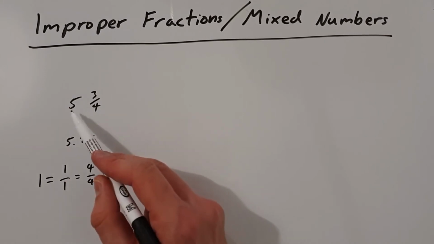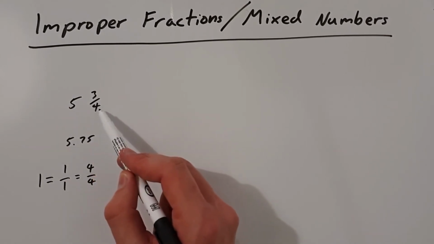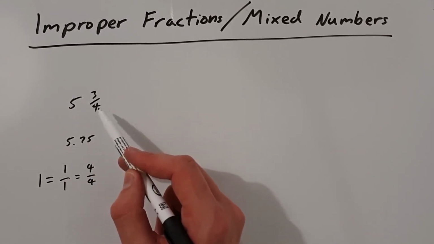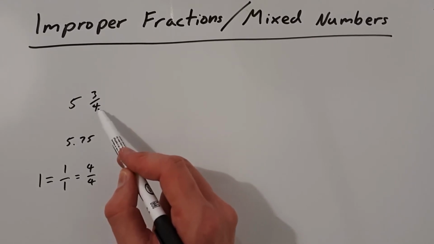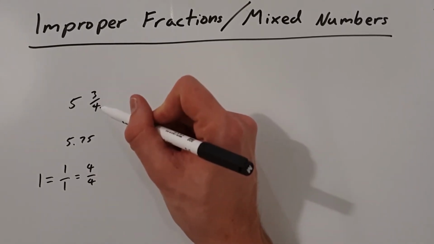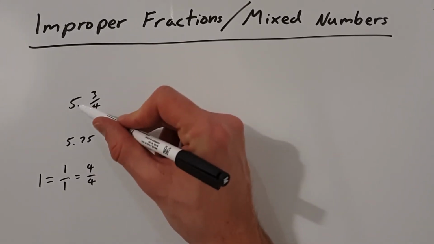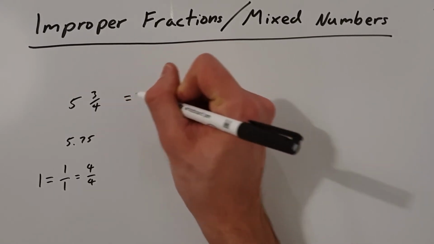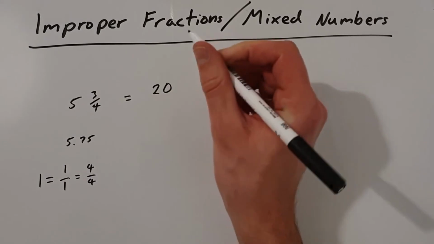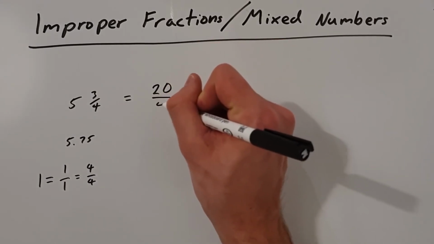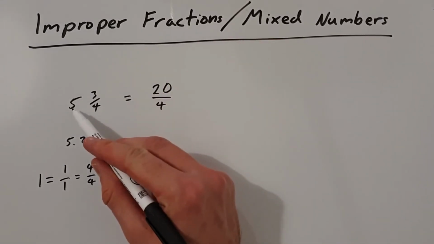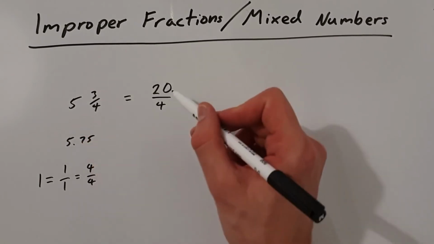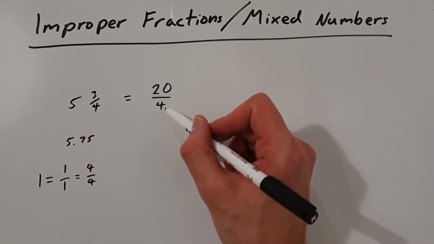So what we have here is 5 and 3/4, and we need to convert this into a fraction divided by 4. We take this denominator 4 and multiply it by 5. So 4 times 5 equals 20. So 5 represented as a fraction of 4 is 20/4.